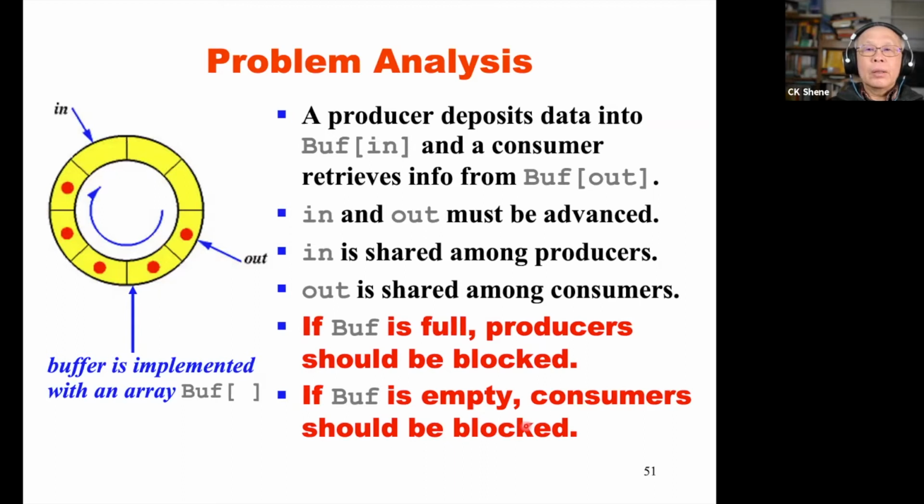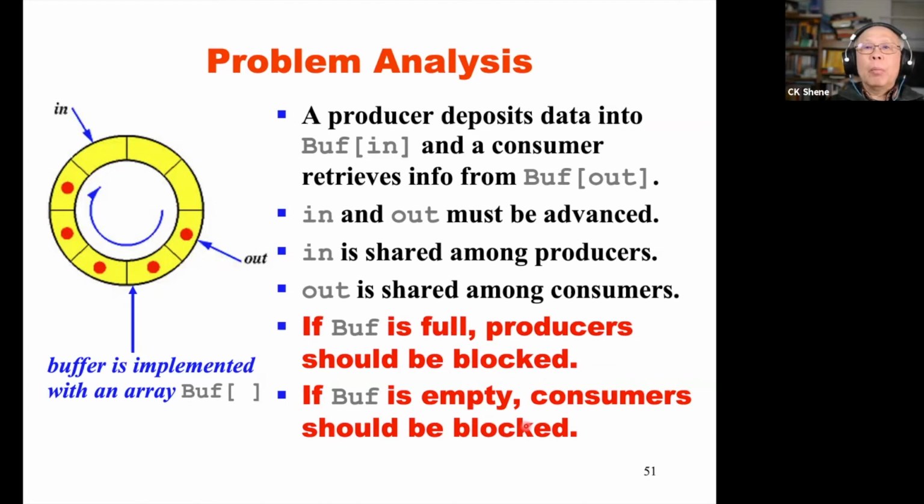allowing that waiting producer to go? In a symmetric way, if a consumer is blocked because the buffer is empty, then when a producer comes in, after depositing his information, this producer has to inform a waiting consumer, indicating that you can go.